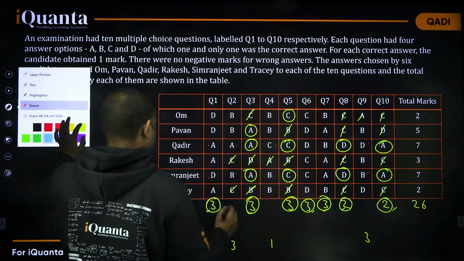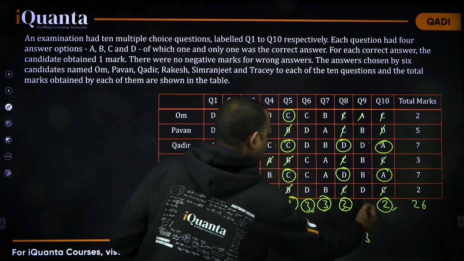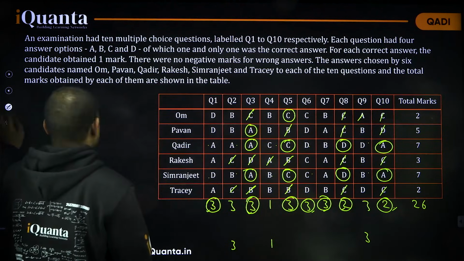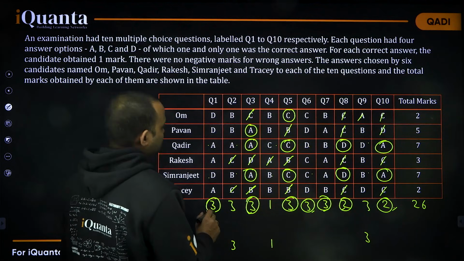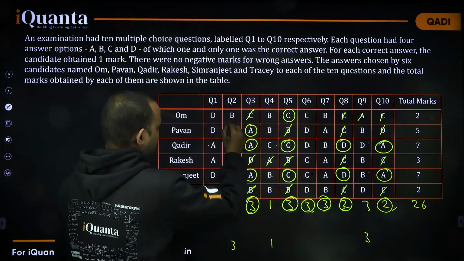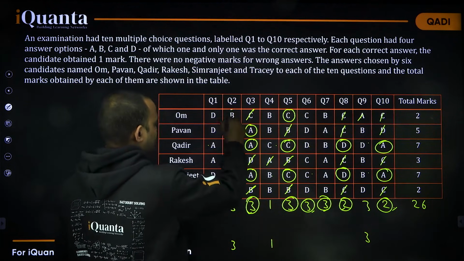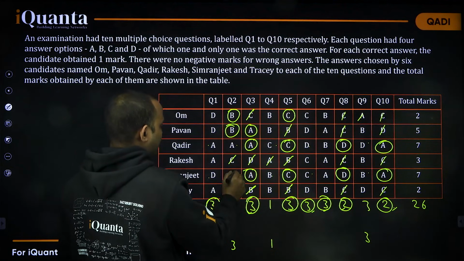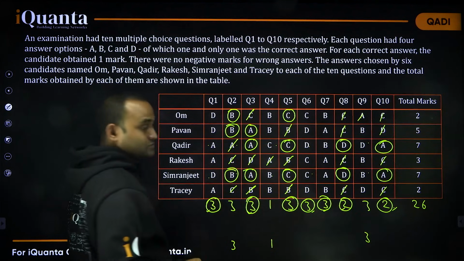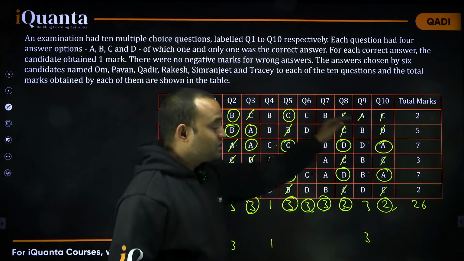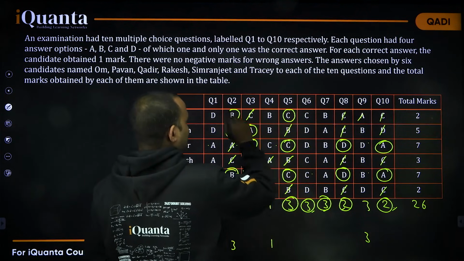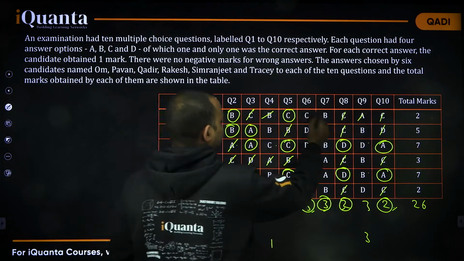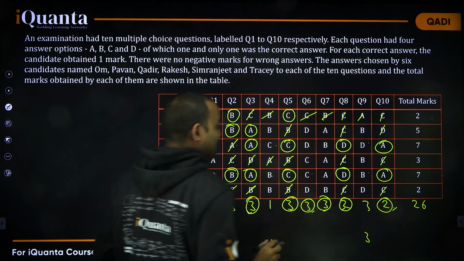Now, if 3 of these responses are correct, what could be those responses? B, B and B. So A is wrong. Once again, in case of Om, only 2 of these are correct. So we can discard the rest of them. Question 5 and question 2 are correct. We can discard these. These are very helpful actually.